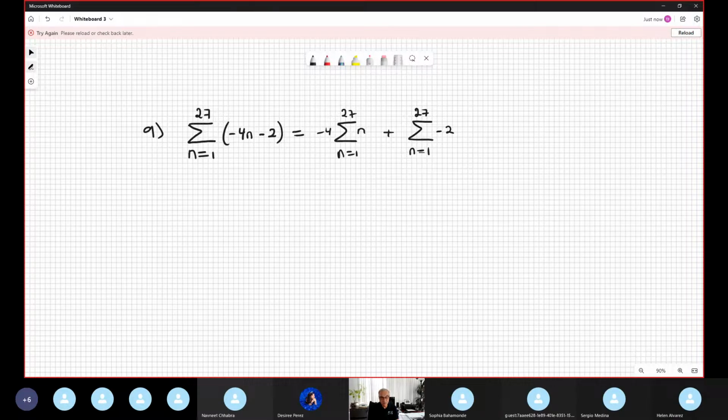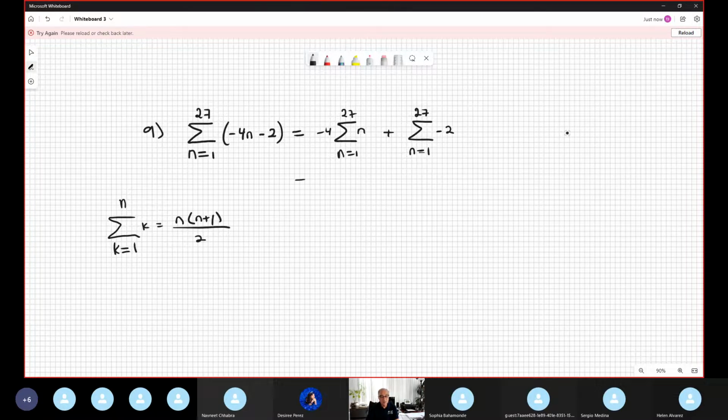Okay, now continue. So now you remember that formula. The formula I wrote on the board one day was the sum from k equal 1 to n of k is equal to n times n plus 1 divided by 2.